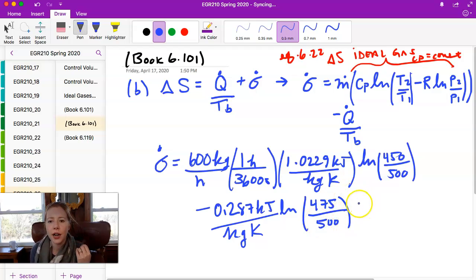And then we're going to subtract off Q dot. So our Q dot we found in part A was minus 8.524. So we're going to add 8.524.